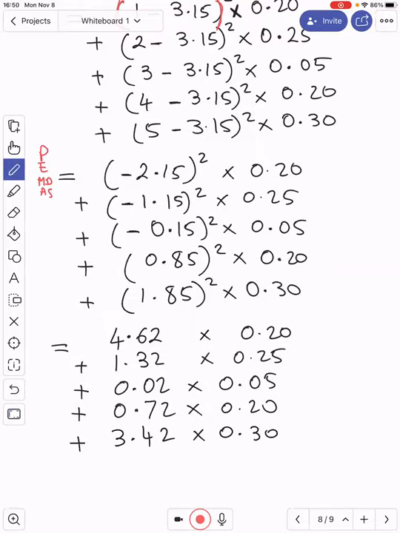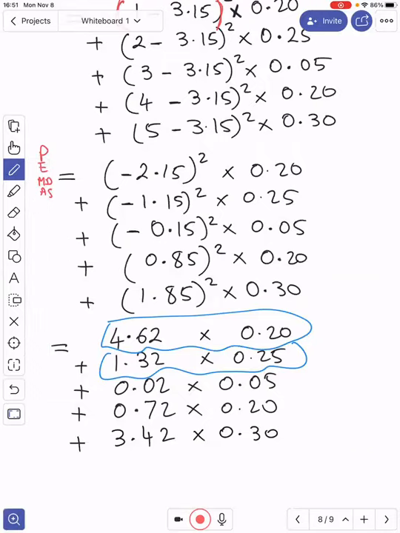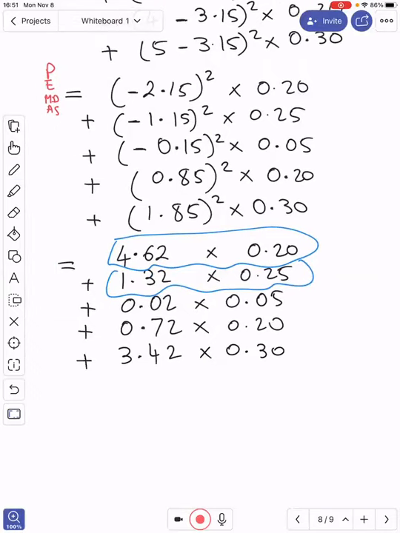And then next, guys, once you're done with the square, as I said, the square of any number would be positive or 0. Then next, of course, you multiply. So you multiply like before, this 4.62 by 0.20, 1.32 by 0.25, etc. And then you take the sum. All right. So again, guys, my advice for you, because it's easy to make mistakes here, if you want to end up with the right answer, go step by step.